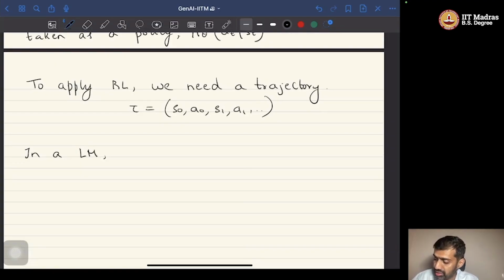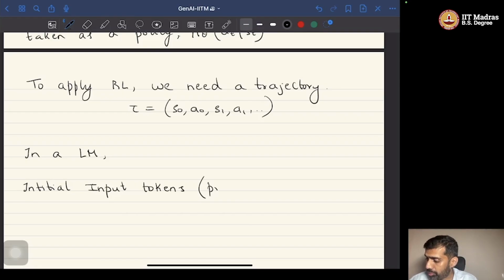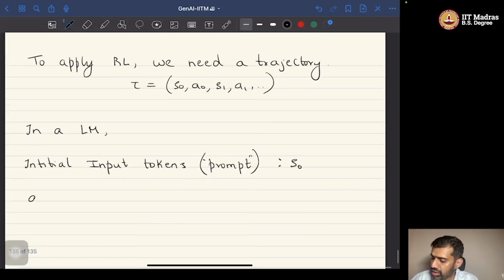The initial input tokens, or let's call this the prompt. You give an input to a particular trained language model, which is called the prompt. You take this as S naught. A naught is the first output token.